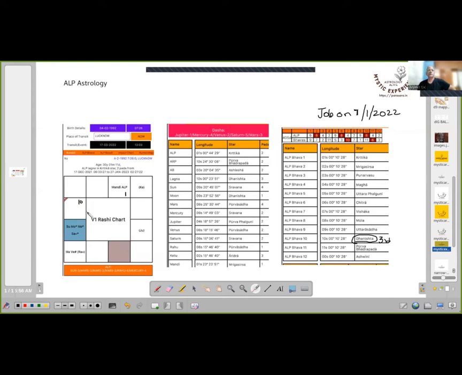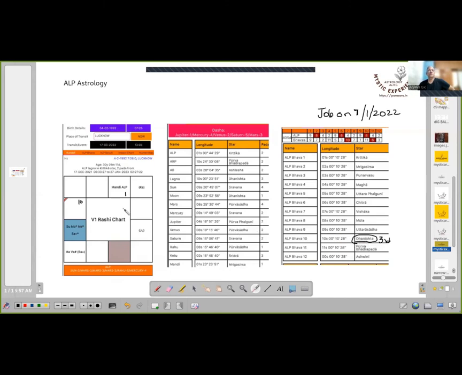I think that's it. It's as simple as this. In ALP, you just take the 10th house and see where the lord is sitting. The lord is sitting in the 12th, so it's a minus one. If it's abroad, it becomes positive. Then you try to see where the bhava is falling, Dhanishta third pada.